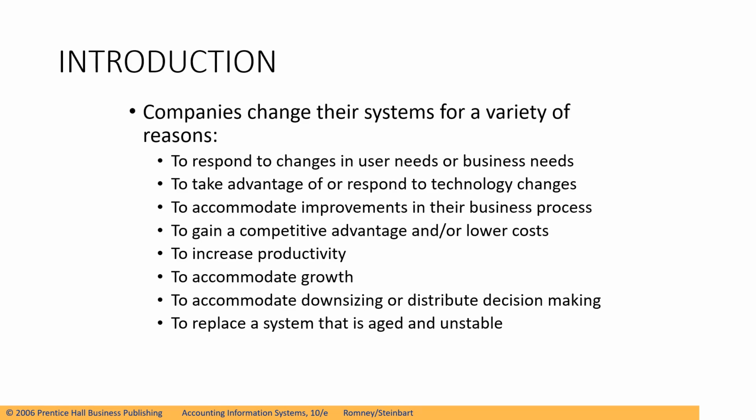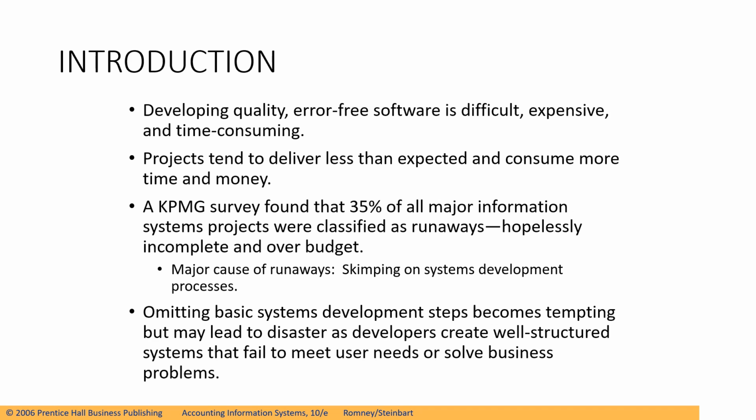We also want to increase productivity, accommodate growth, accommodate downsizing, or distribute decision making. We want to replace a system that is already aged and unstable so that we can gain competitive advantage over our competitors, and of course, gain customers. So that's the reason why we need to change our system.